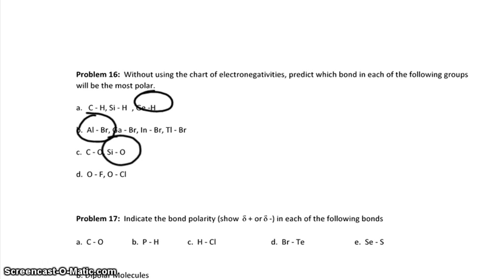All right. And then fluorine and oxygen, oh my goodness, they're using the big four here. So this is where I said, okay, you got to know these numbers. Fluorine is 4, oxygen's 3.5. Chlorine, excuse me, is 3. So I know it said don't use the periodic table or the chart of electronegativities, but whoa, really the best answer is they're both the same.